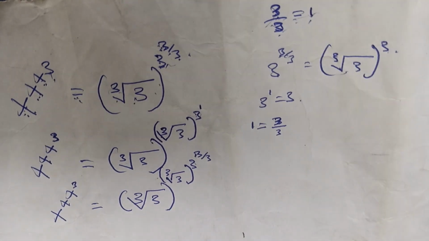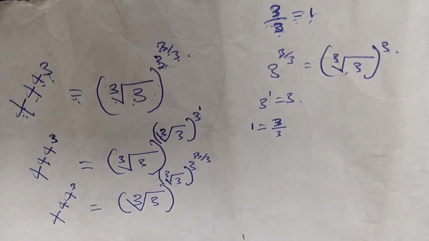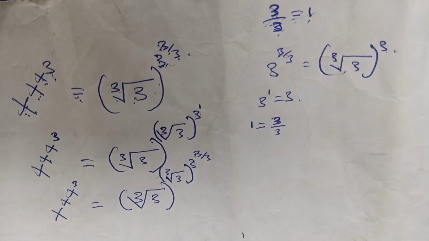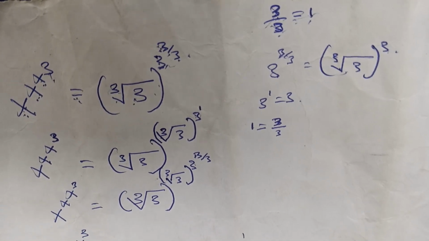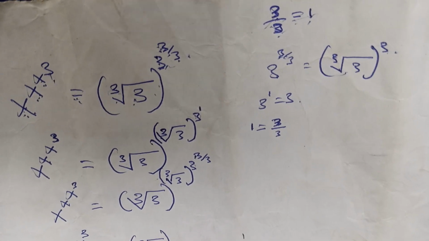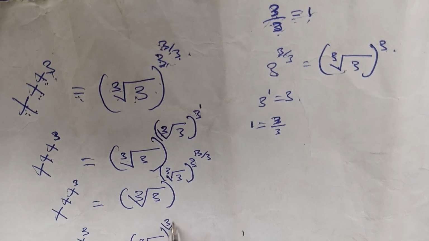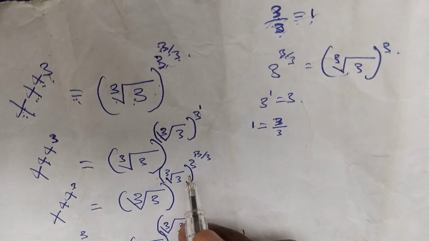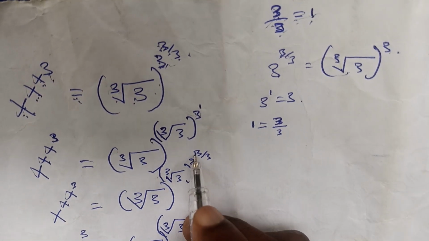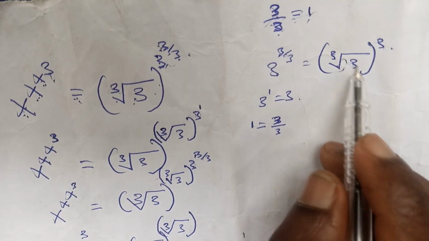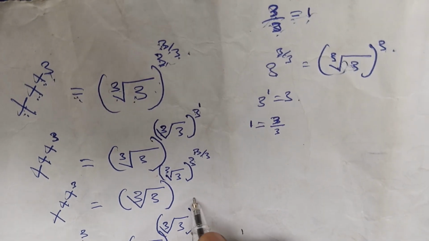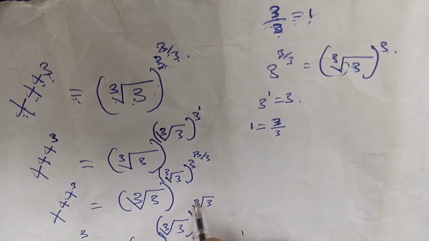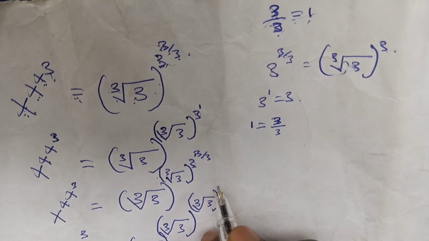Okay, so we now have x to the power of x to the power of x to the power of 3 is equal to the cube root of 3 to the power of the cube root of 3 to the power of 3 over 3, so instead of writing 3 to the power of 3 over 3, we can simply replace it with the whole of this. So we are now writing the cube root of 3 to the 3.